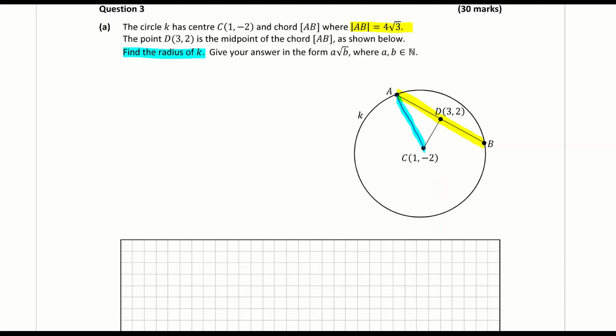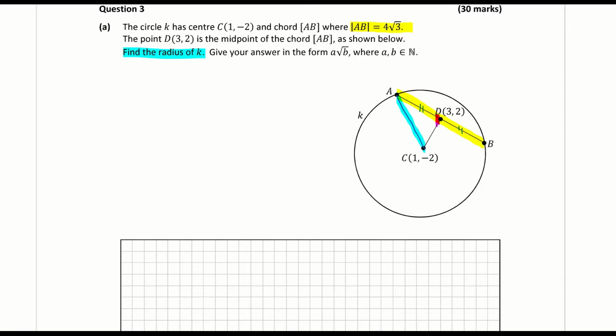You can see that I've created a triangle. The angle where we have our radius line meeting our chord is always a 90-degree angle. Another piece of information we know about a chord is that when the radius hits it, it divides the chord into 2 equal halves. So that point D is the midpoint of the line segment AB.